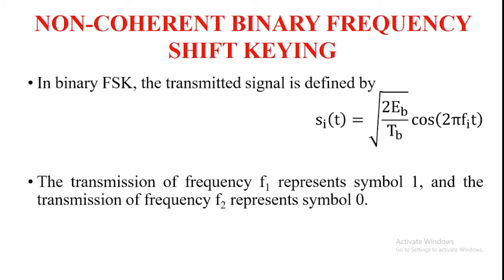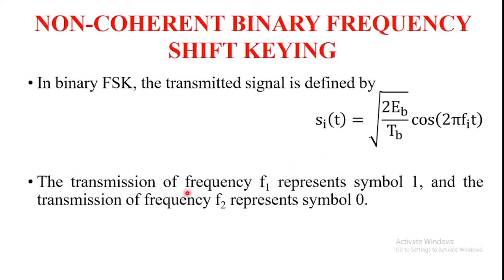non-coherent binary FSK technique. In binary FSK, the transmitted signal is given by Si of t is equal to square root of 2 EB by TB cos of 2 pi Fi t, where E suffix B is the bit energy, T suffix B is the bit duration, and i is equal to 1 first transmitted signal and i is equal to 2 second transmitted signal.